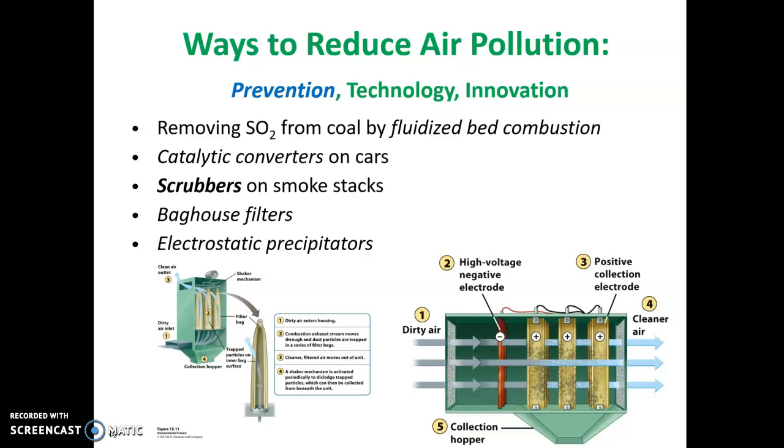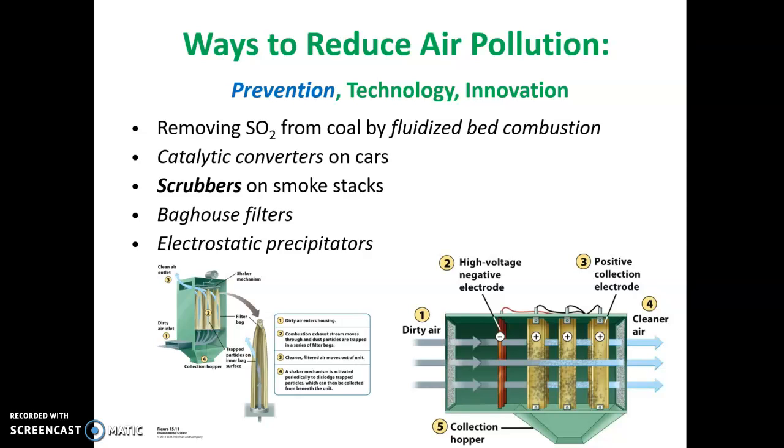Okay, so we have 3 more types of ways of preventing air pollutants from reaching the atmosphere, particularly in industry. And those are scrubbers, baghouse filters, and electrostatic precipitators. So the scrubbers and smokestacks are on a second slide, so let's move down now to baghouse filters.